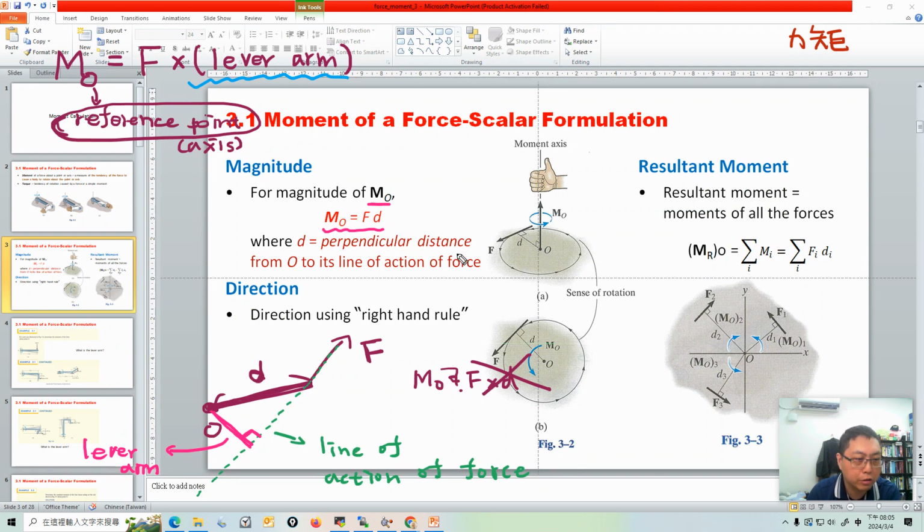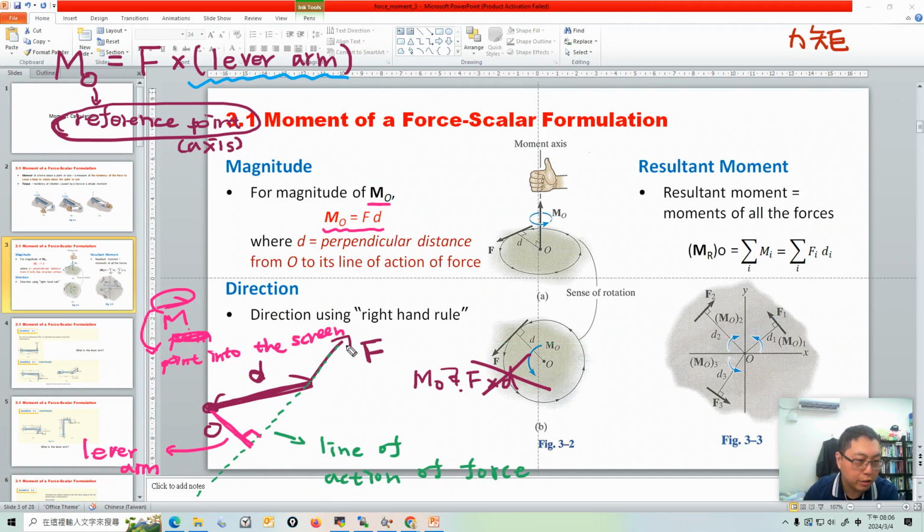The moment is a vector, and the direction of the moment points into the screen in this case, because the formal calculation of moment is R cross F. Using the right hand rule with D cross F, your thumb points into the screen.